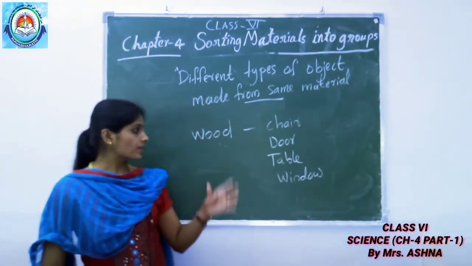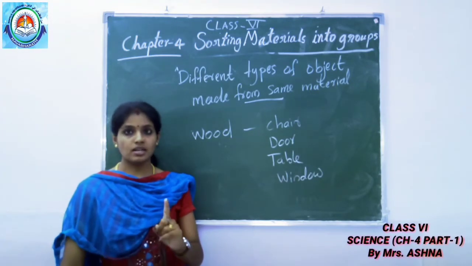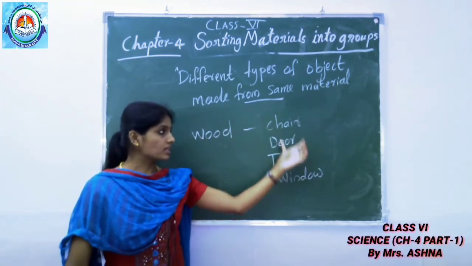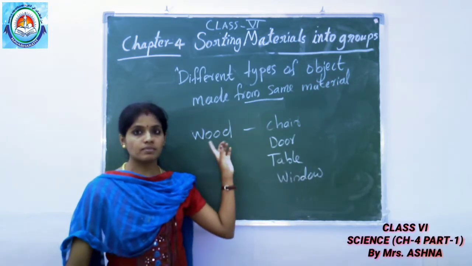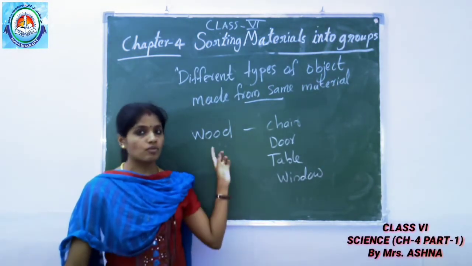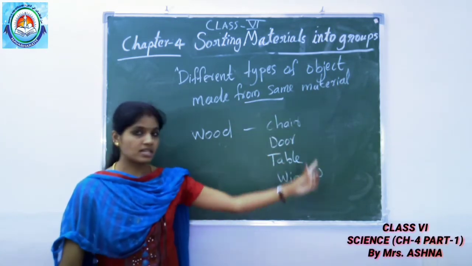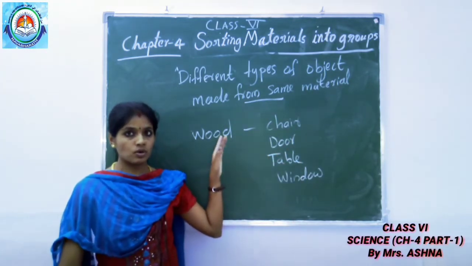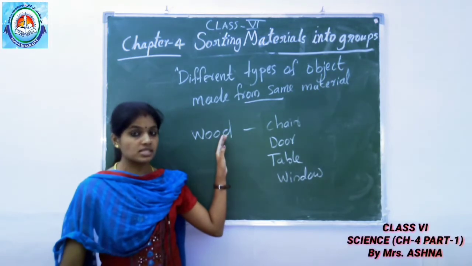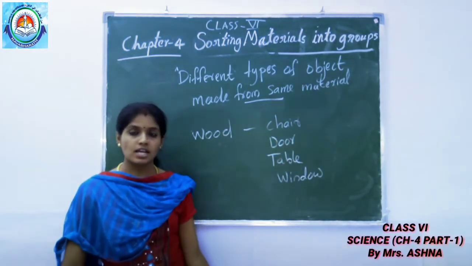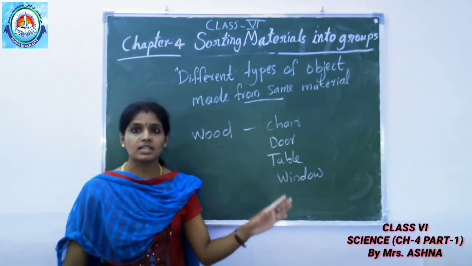Okay, so wood is one material. We can make these objects from wood, isn't it? Wood is used to make these objects. So one same material used to make different kinds of objects. So all of you complete activity 3.